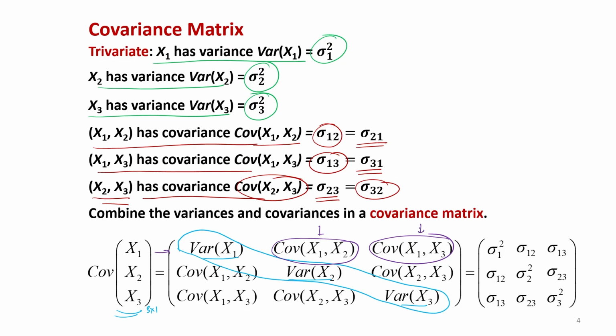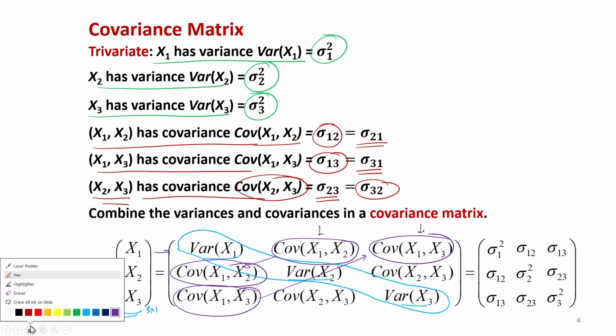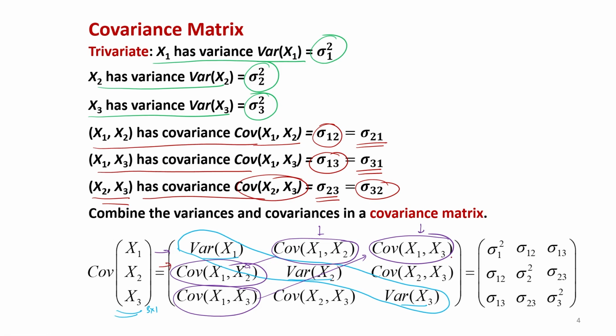Right, first row, second column, and because this is a symmetric matrix, the covariance of x1 and x2 is the same as the covariance between x2 and x1, and the covariance between x1 and x3 is the same as the covariance between x3 and x1. Then in the second row and third column, we have the covariance between x2 and x3, which is the same as the covariance between x3 and x2 in the third row and second column.